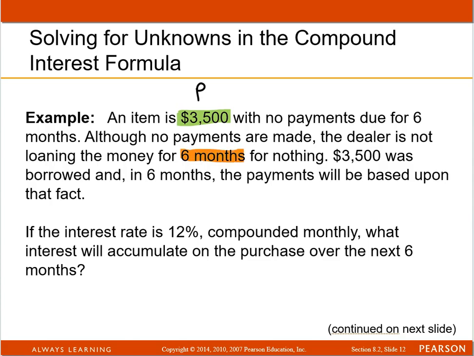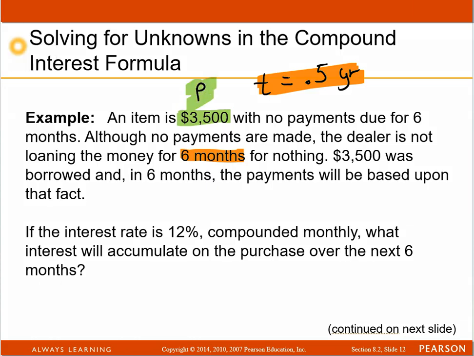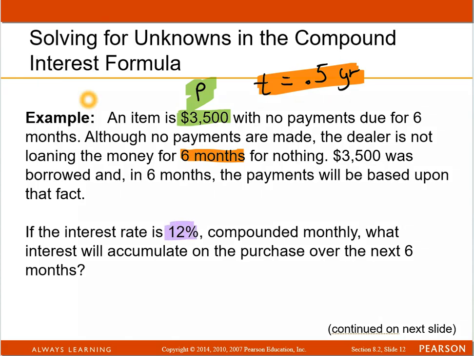Okay, so that's our time, T, but that for 6 months would be 0.5 of a year. That's P there. And then what else we got here? Our interest rate is 12%, but remember that would be R equals 0.12.